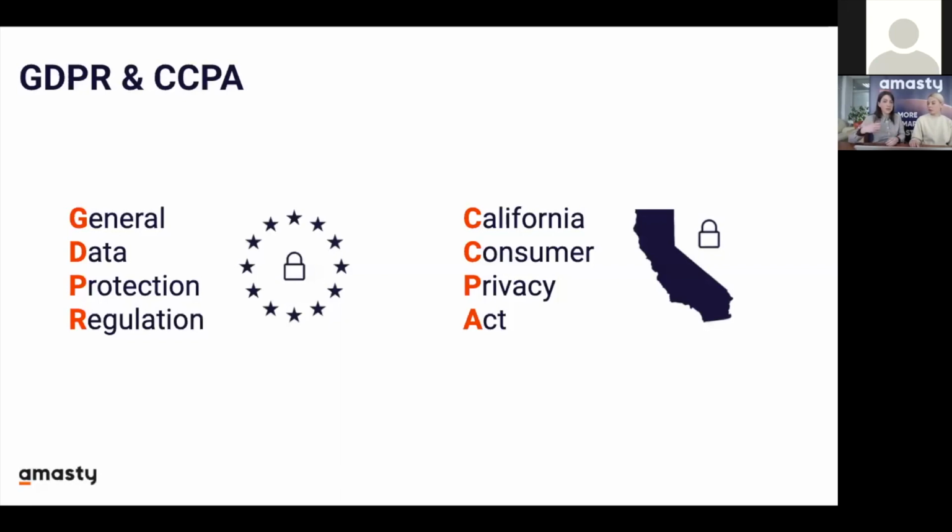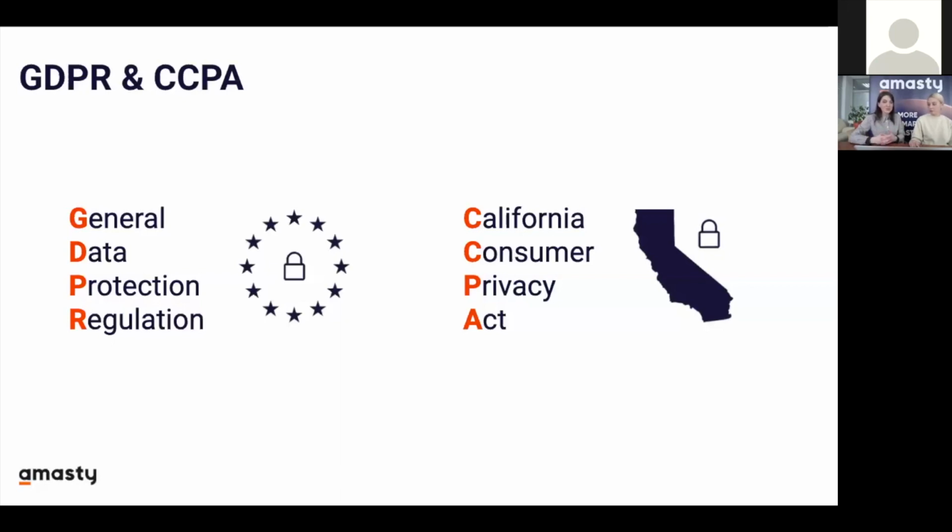Meanwhile, the CCPA just allows the customers to opt out of the sale of their personal information. That's why you probably heard that the GDPR is called an opt-in regulation, and the CCPA is known to be an opt-out regulation. And obviously, it's very important to comply with these regulations because violating them can lead to substantial fines.